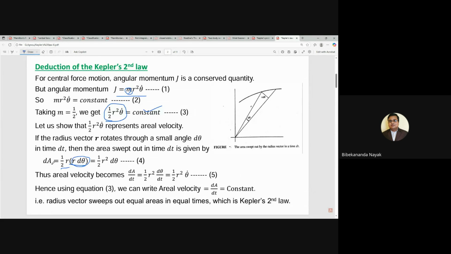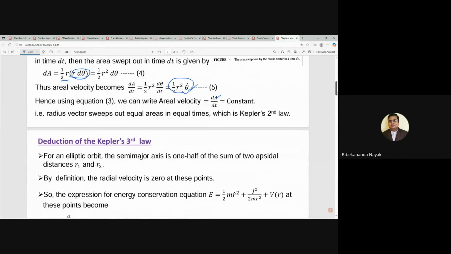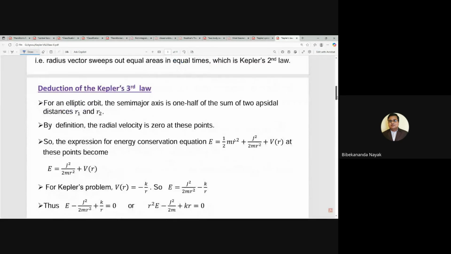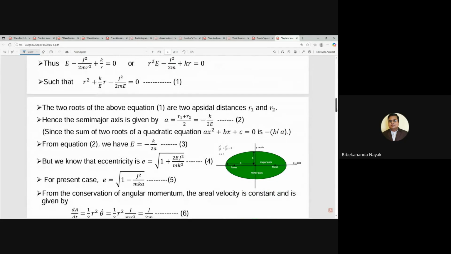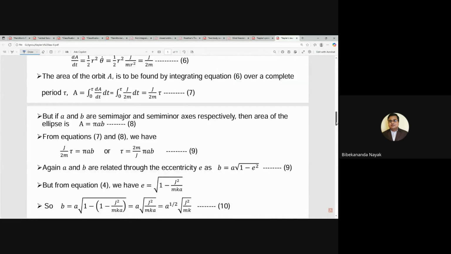If dA is this, then dA by dt is half r square d theta by dt. Since it is a constant, we call it aerial velocity. It covers equal area in equal time. It is a constant. Okay. Kepler's second law. Third law, similarly, you can also derive T square proportional to a cube using this eccentricity formula.